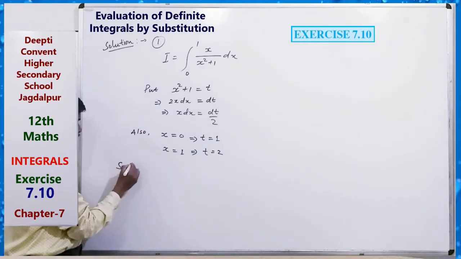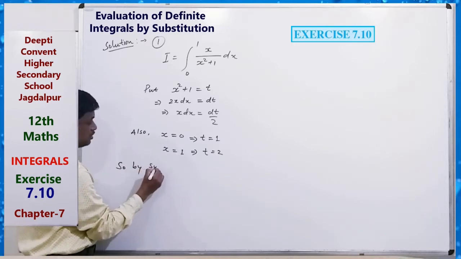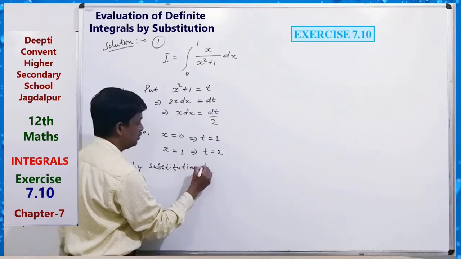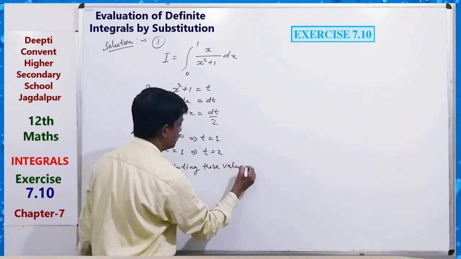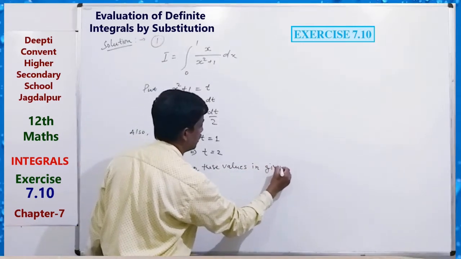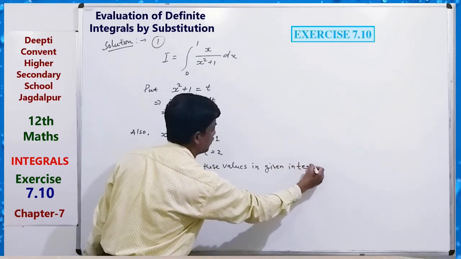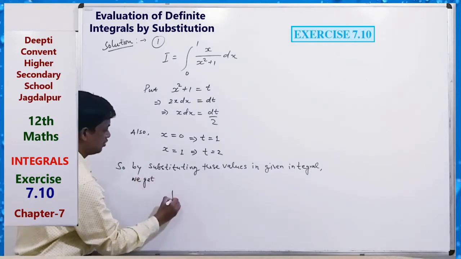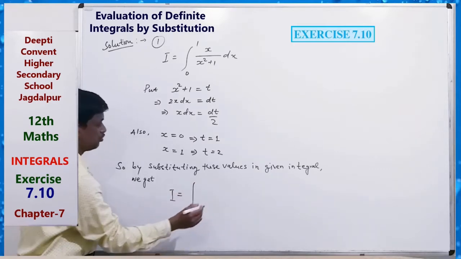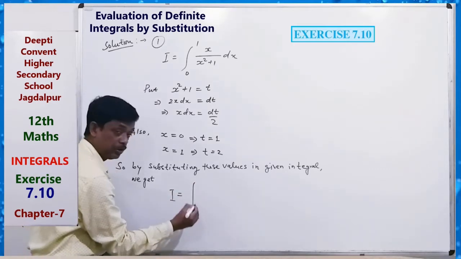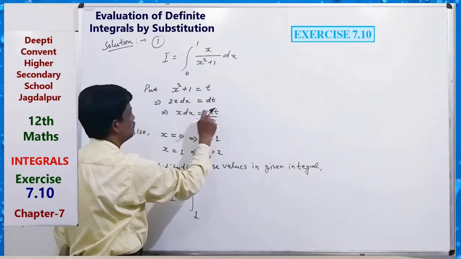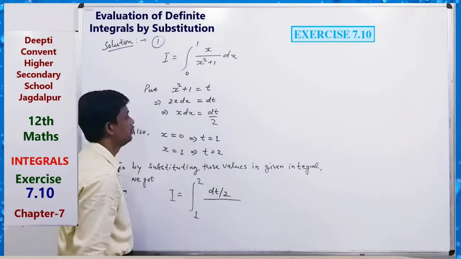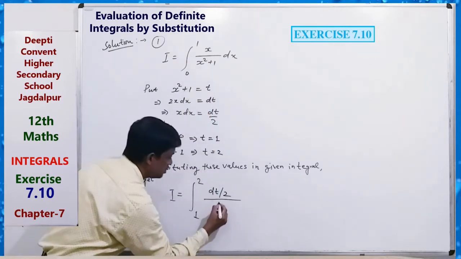By substituting these values in the given integral, we get I equals, with new limits 1 to 2, x dx equals dt by 2, upon x square plus 1 which equals t.